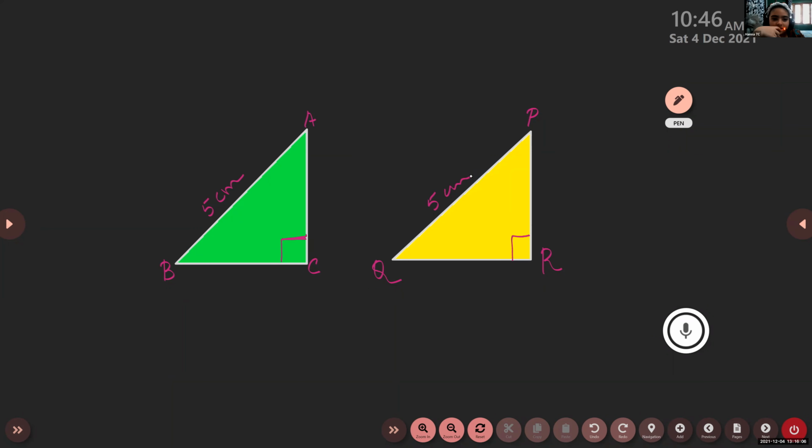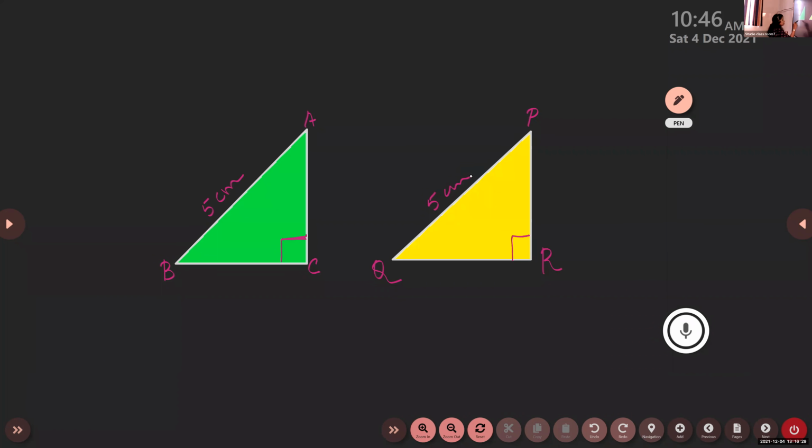That is compulsory. One side, that is hypotenuse, should be equal, and any one more side you have to check. Then any one side, either altitudes can be same or the bases can be same. Understood?